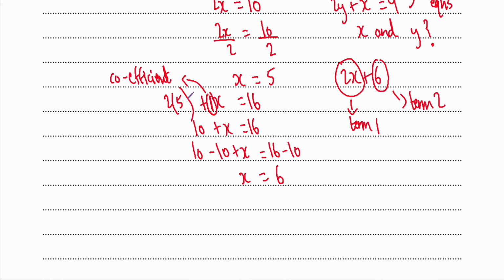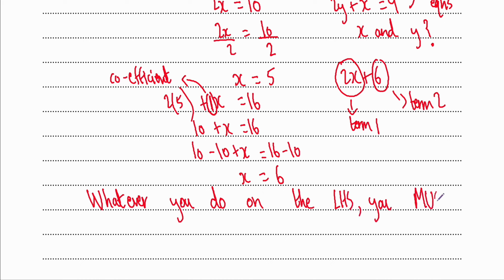Now, the important thing you need to remember is that whatever you do on the left-hand side, you do on the right-hand side. So I'll write it down because it's important, and you should write it down as well if you're learning algebra for the first time. Whatever you do on the left-hand side, you MUST do on the right-hand side, because that's the whole concept of algebra.